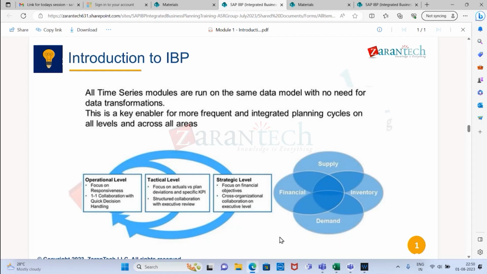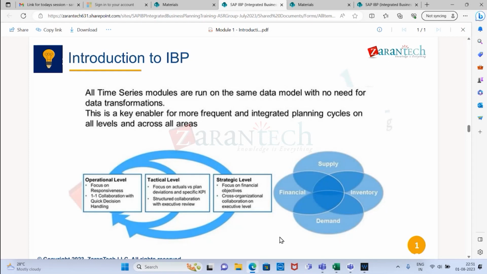Their focus is on responsiveness, one-to-one collaboration, and quick decision handling. These are the people working at the ground level, actually working in the tool, doing the daily stuff in the tool.